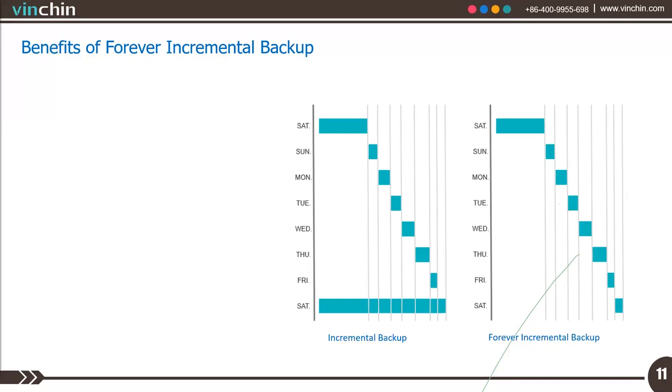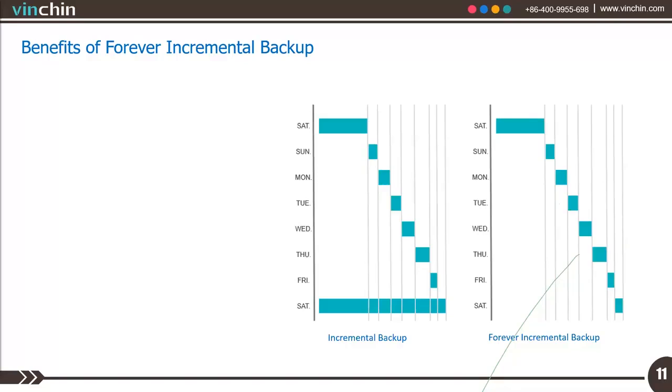At this moment, if the retention policy is to reserve restore points within 30 days, there's no problem for forever incremental backup, as the full backup at the beginning of the backup chain can be merged with the following incremental backup as a new full backup. But for the incremental backup, there's no way to do this.